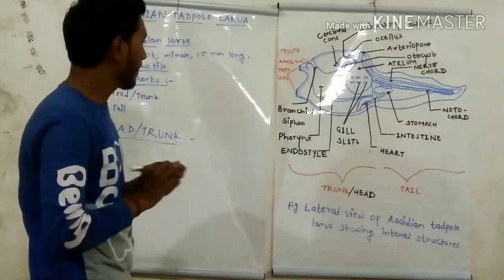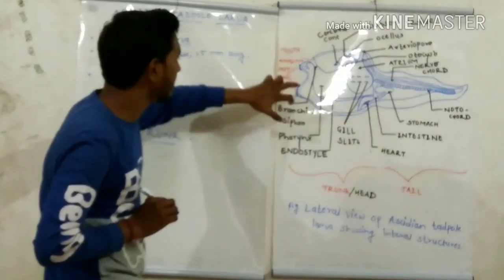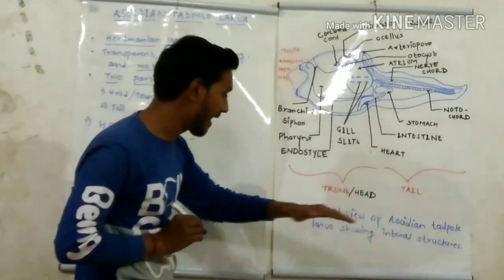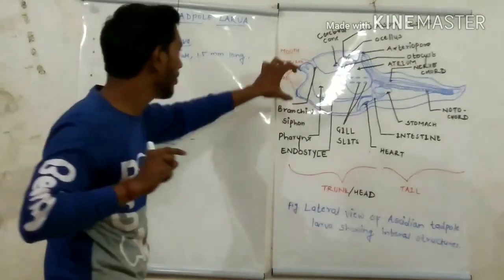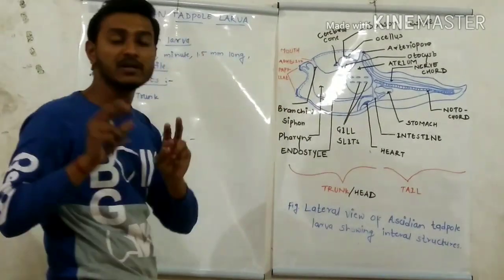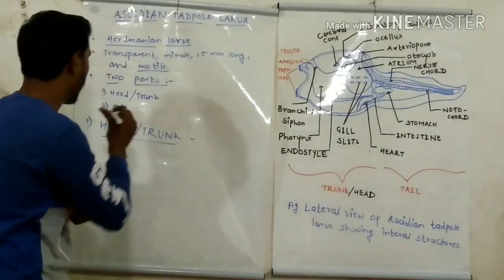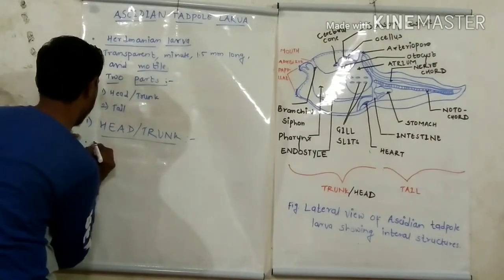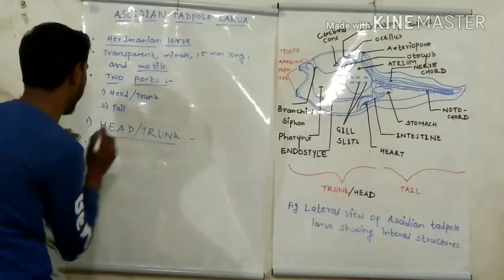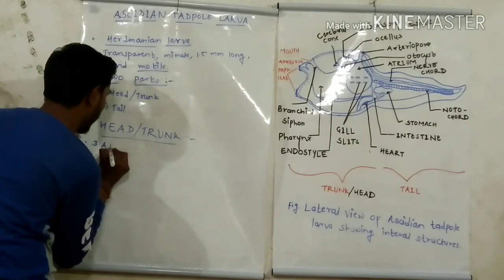First, the head part has these three adhesive papilla. As it is the lateral view, you are viewing only two adhesive papilla, but there are three. At its anterior end it bears three adhesive papilla.